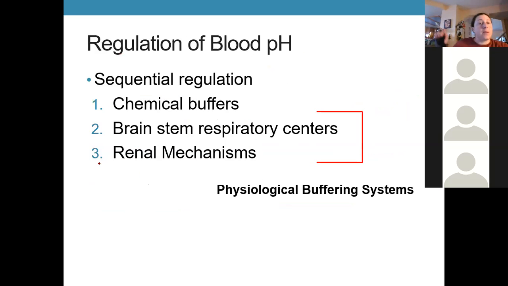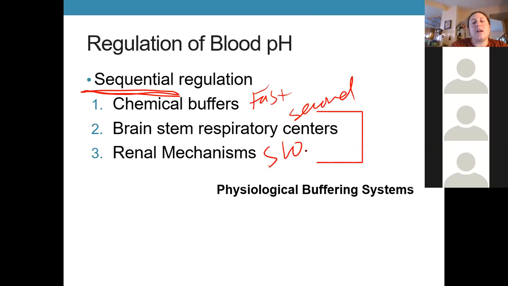All right, moving on. So how do we make sure that our pH doesn't change when we're producing all of these metabolic acids? We have 3 steps, and they are sequential. What I mean by sequential is this one happens really fast, and then this one can respond next, and this one is slow, and so it takes longer, but it works really well, okay? So they happen in time.